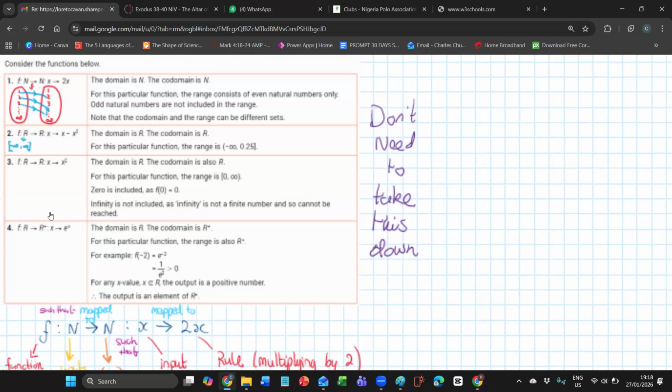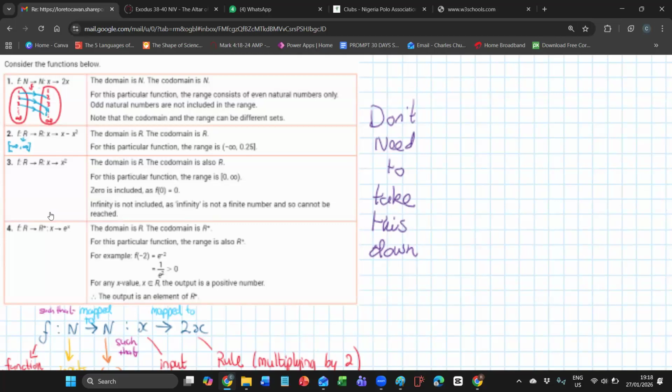The only place where there's a problem is when there are some inputs that are not mapped to any outputs. So this is a perfect example: x being mapped to 2x. You can see that the first number on the output side, the y side, is 2. There's no input that you can map to 1 on the output side. Why? Because it's the set of natural numbers.